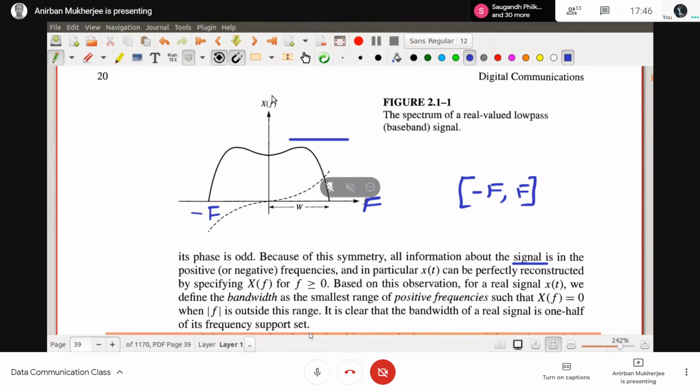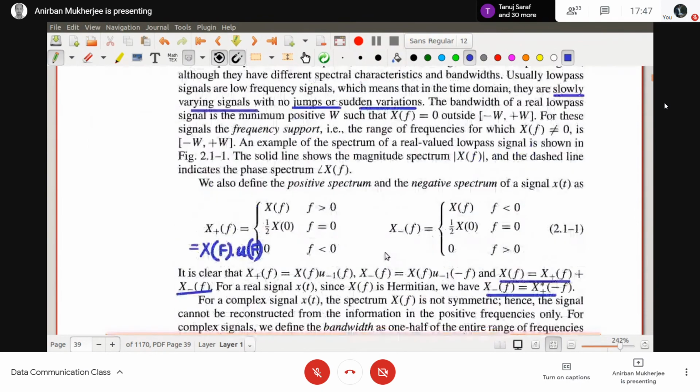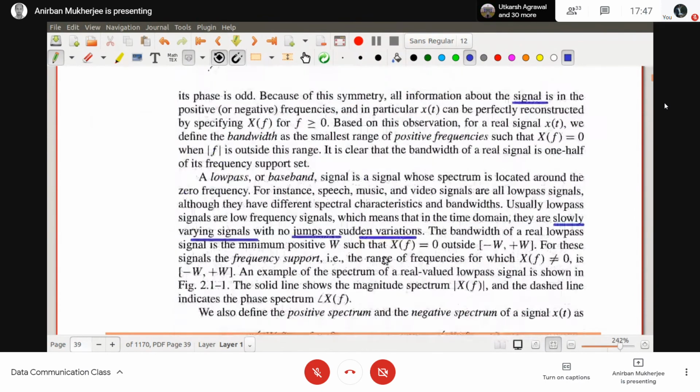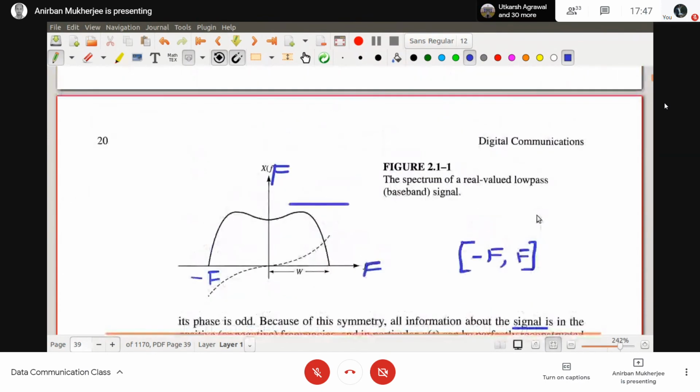Let me finish it then. Forget about these properties for the time being. These are basic mathematical jugglery that we will understand. But the basic point is that this is the spectrum of a baseband signal.